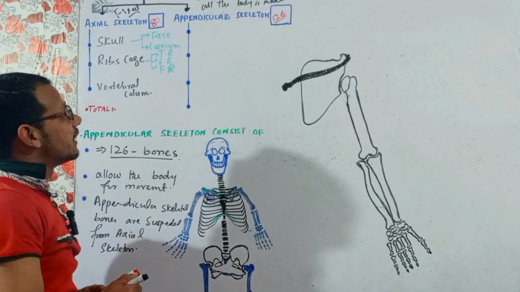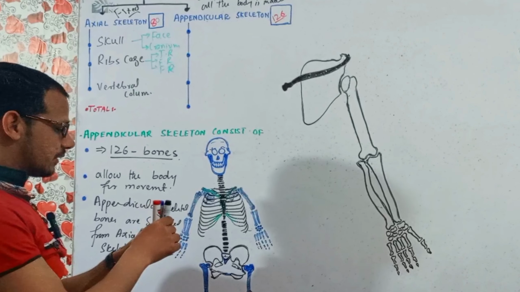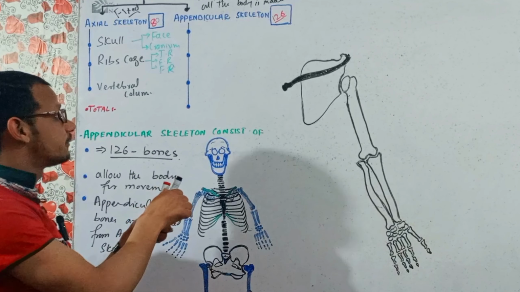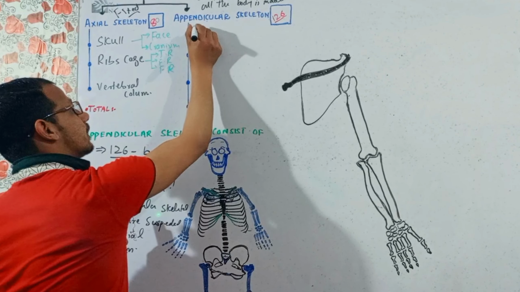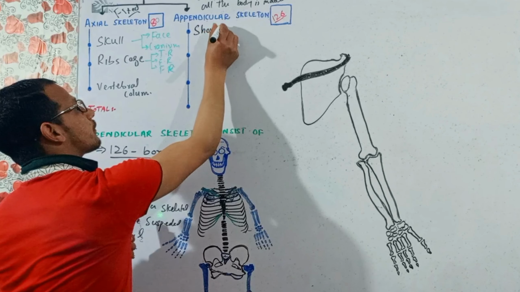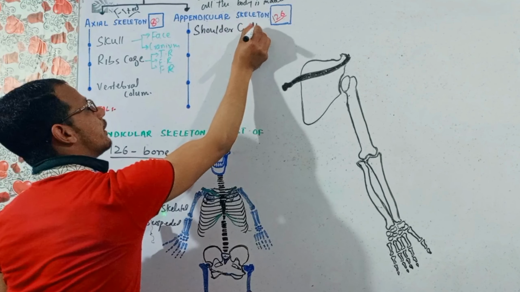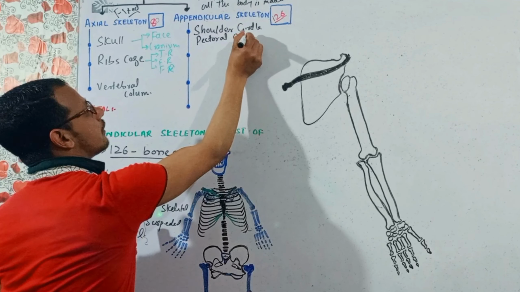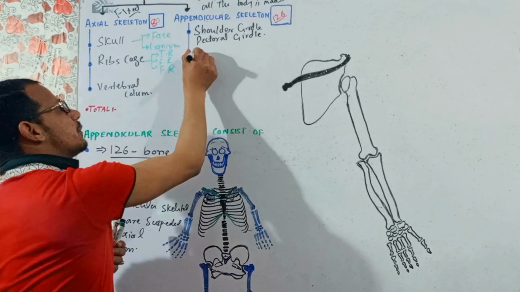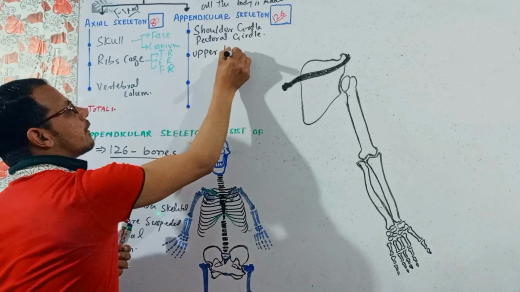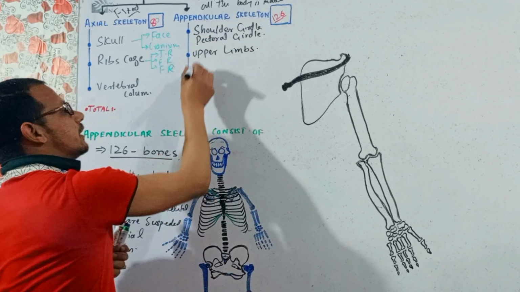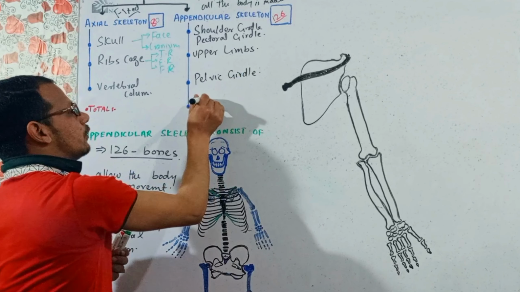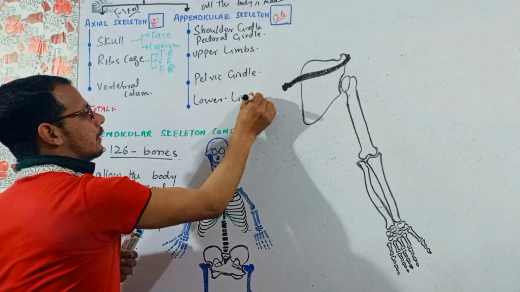Right, the appendicular skeleton is mainly composed of two parts, but it can be divided into 4 parts. The first part is the pectoral or shoulder girdle, also known as the pectoral girdle. The second part is the upper limbs, then the pelvic girdle and lower limbs.